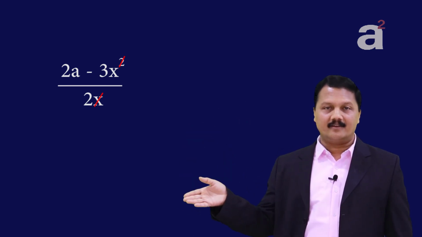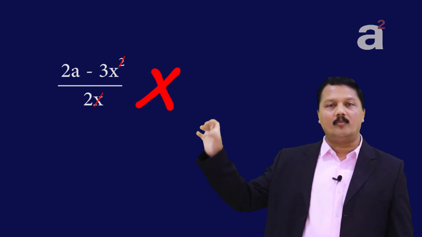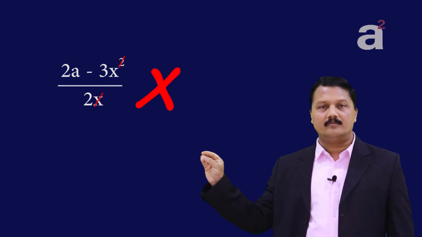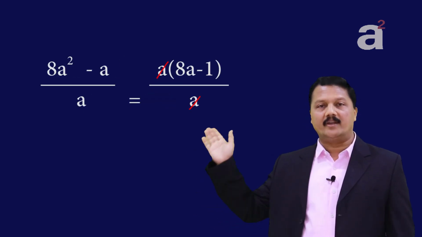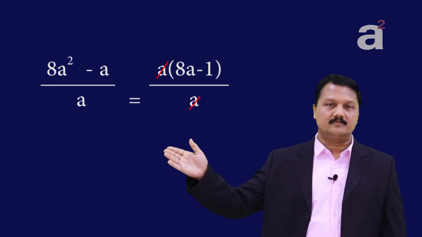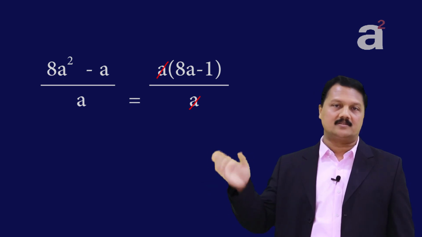Is it right? No. You can cancel only if something is common in the numerator and denominator. So you can take some variable or number out and cancel like this. For example, 8a square minus a divided by a. a can be taken out, then a times 8a minus 1 divided by a, you can cancel a.